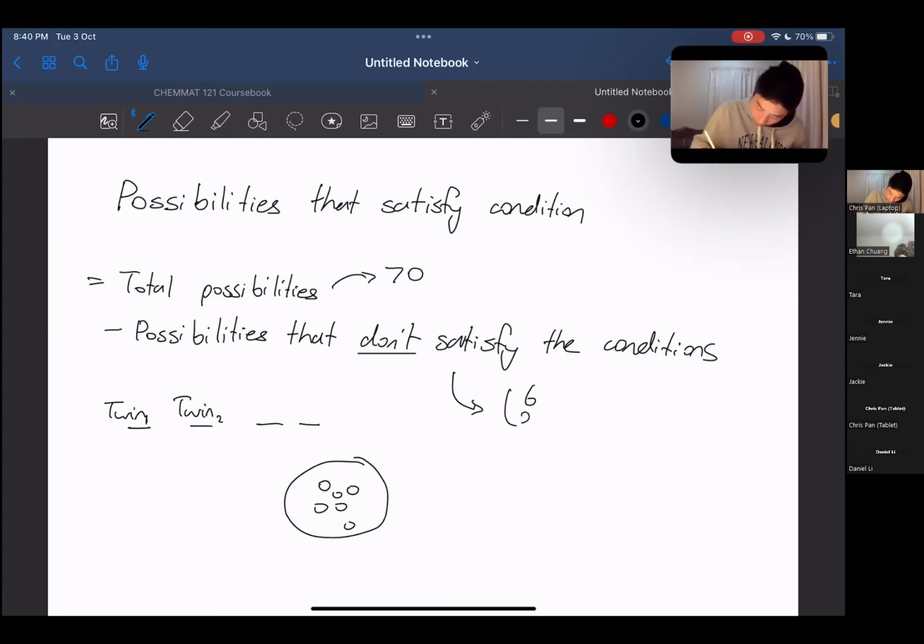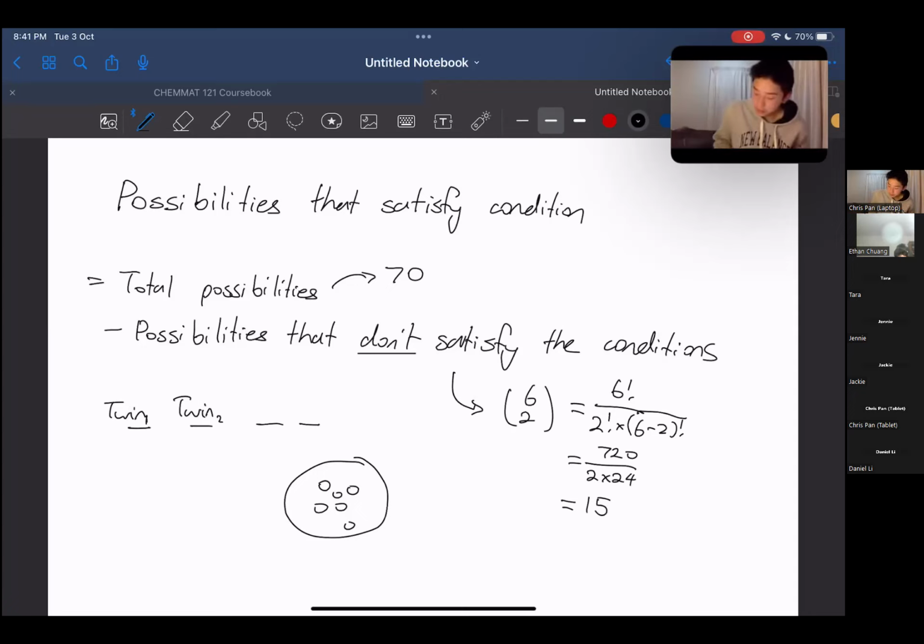That should just be six choose two, which is using the formula 6 factorial over 2 factorial times 6 minus 2 factorial, which is 720 over 48, which is equal to 15. Yeah, so there's 15 ways of choosing four people such that the two twins are together.